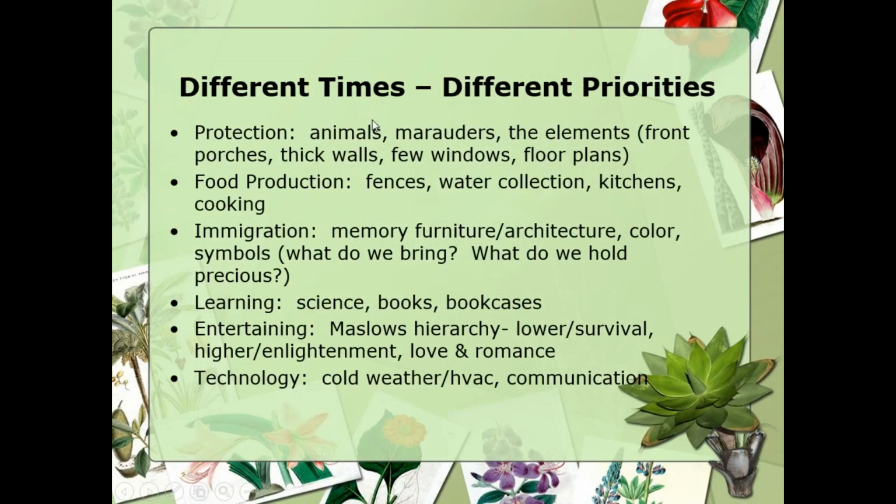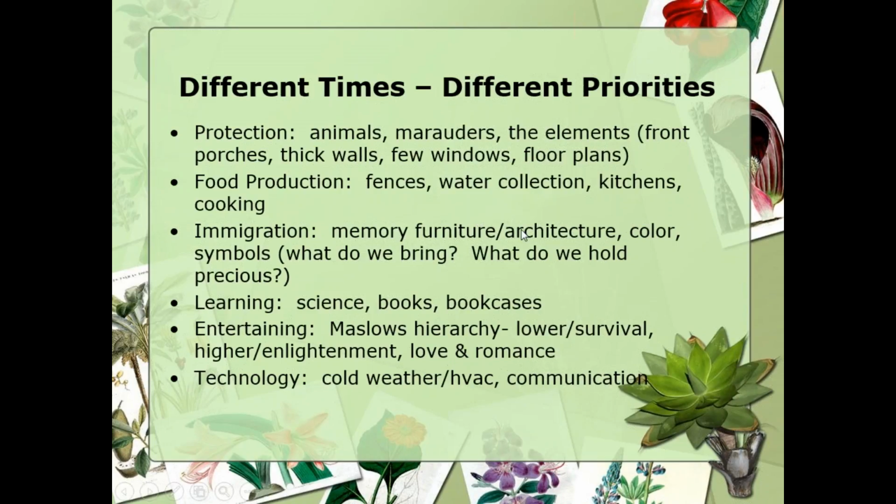So back then, animals were much more necessary. We used all the different pieces of the animal, both as food and to build into the structure for protection from the elements. Food production, fences, water collection, kitchens, and cooking are all things that there's a drastic difference from the earlier peoples to now, and we're going to see that progression as we go throughout the class.